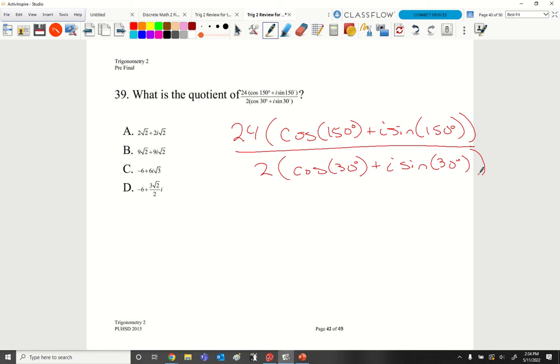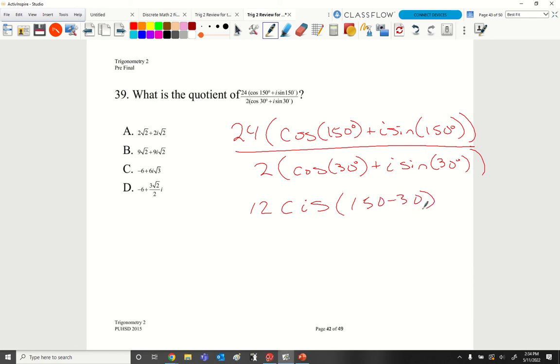What's 24 divided by 2? And then I'm going to do cis, a quotient rule for that. So with the product rule, I add my angles; with the quotient rule, I subtract the angles. So 150 minus 30.